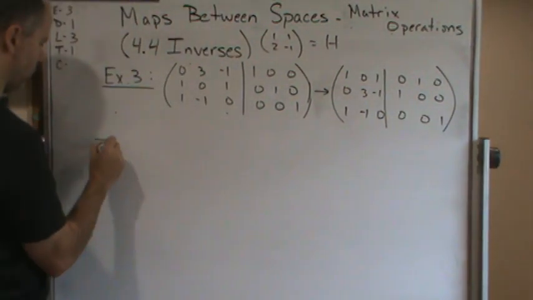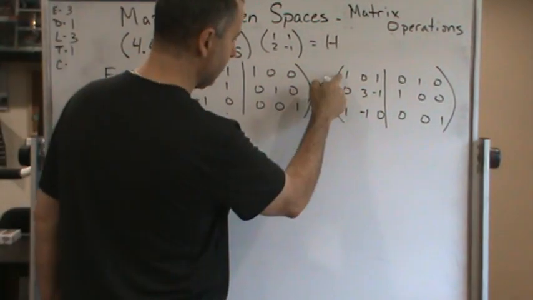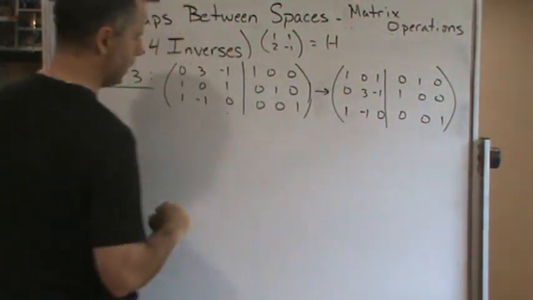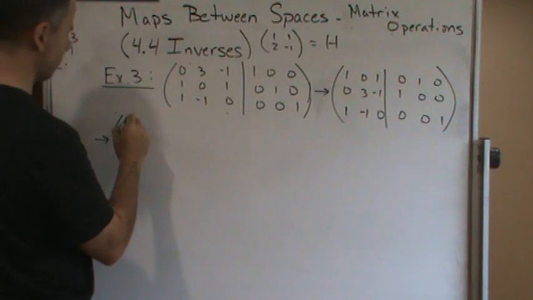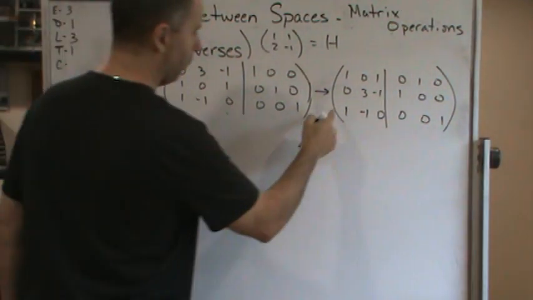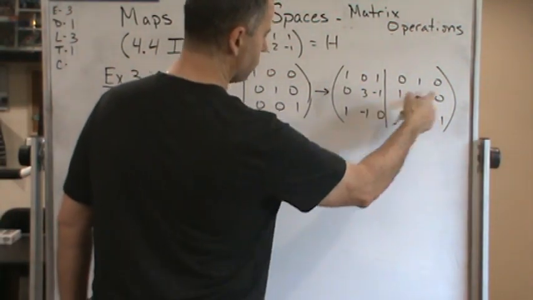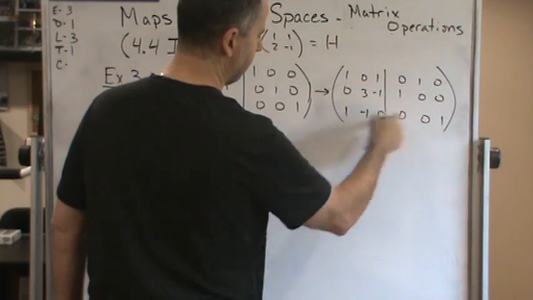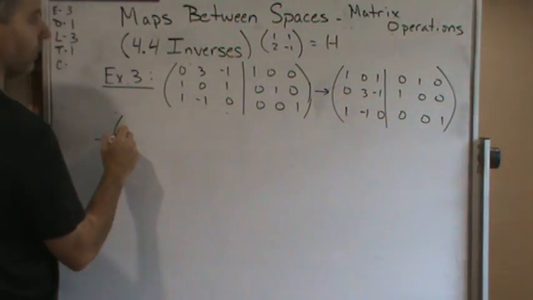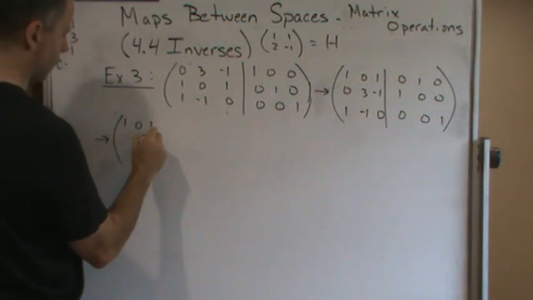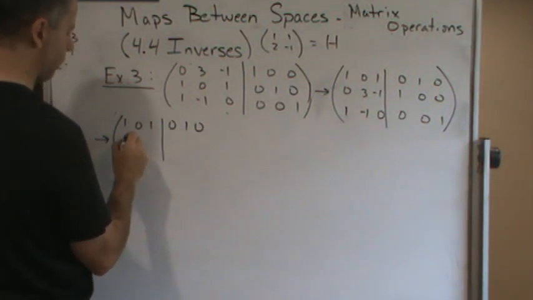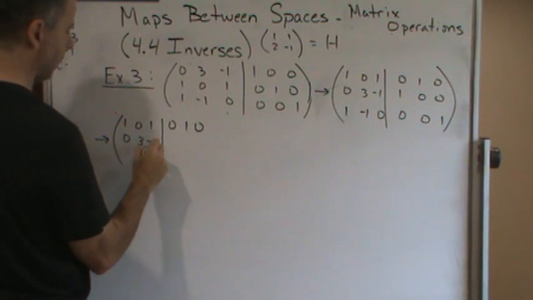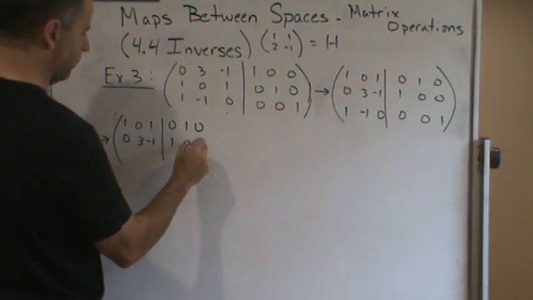I'm going to take negative row 1 plus row 3, and that's going to give me this result. The first two rows are going to stay the same. The action is happening on the third row. So this is going to be 1, 0, 1, 0, 1, 0, 0, 3, negative 1, 1, 0, 0.